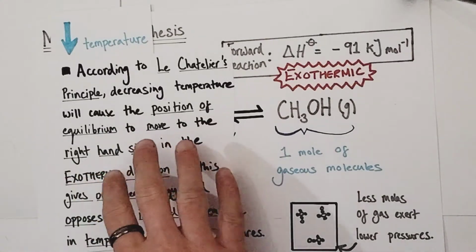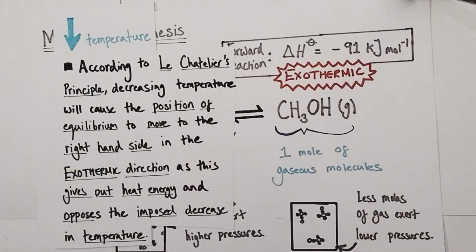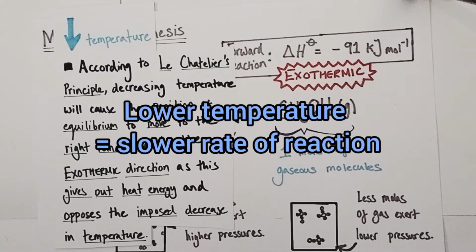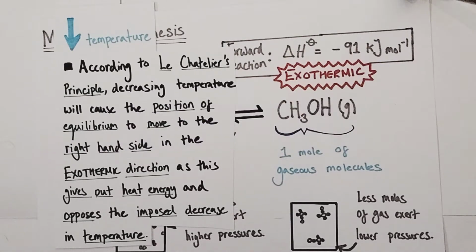However, with industrial equilibrium reactions like this one, there are other considerations to be made. Lowering the temperature would also have an effect on the rate of reaction. Lower temperatures mean less kinetic energy. This would decrease the frequency of collisions per second and also decrease the energy upon collision.